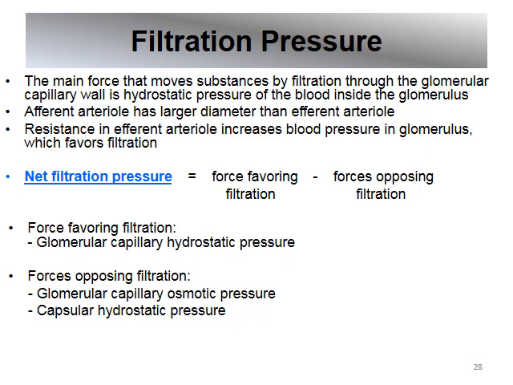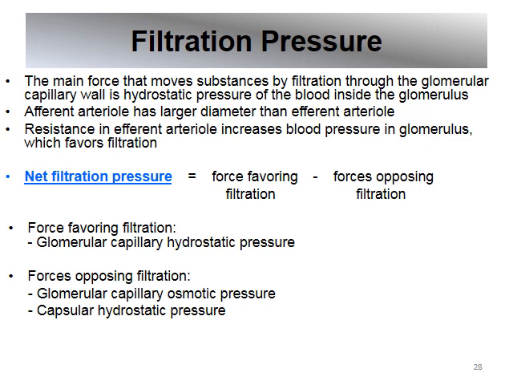If you were to use your garden hose, the force that causes the liquid to come out the end of the hose or through a leak would be your hydrostatic pressure. And that in the glomerulus is a force favoring filtration.